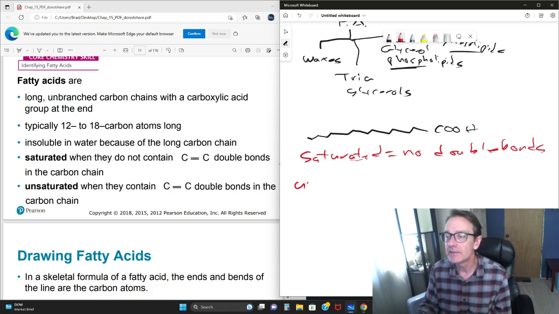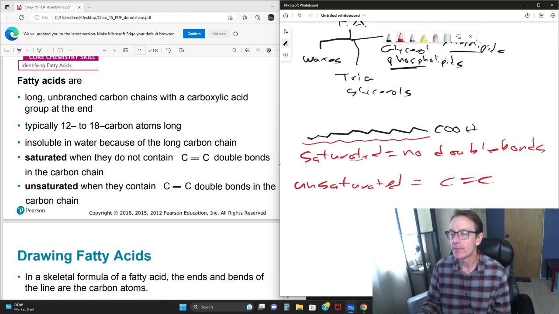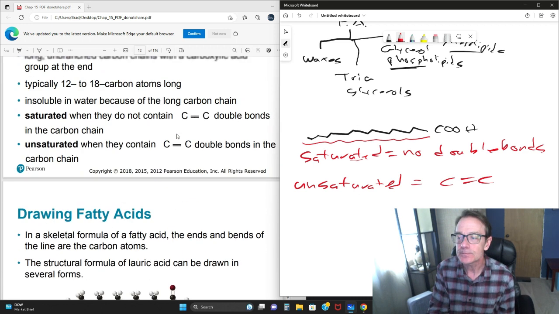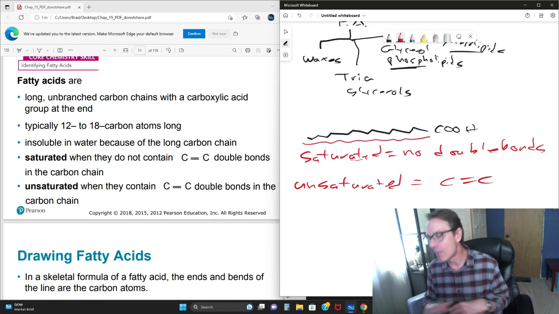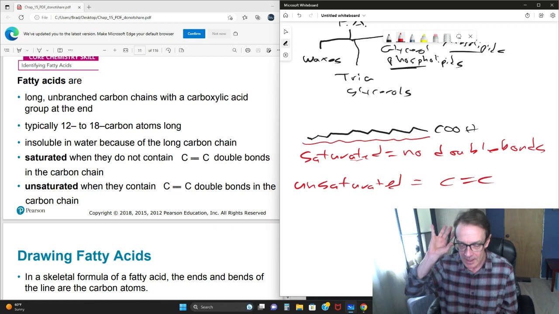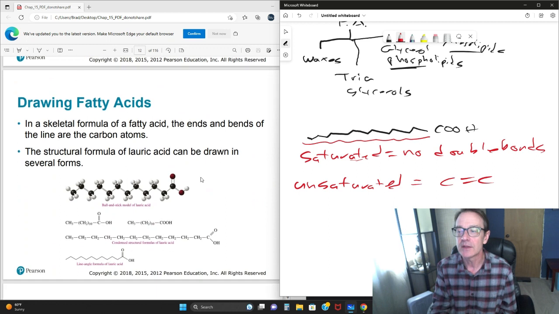And unsaturated, just like it sounds, have at least one carbon-to-carbon double bond somewhere in the tail. Okay, it can be one or more and then become unsaturated. And you have monounsaturated when there's only one double bond, and polyunsaturated when you have anything more than one double bond in the fatty acid tail. Okay, saturated, unsaturated, dependent on double bonds in the tail of that fatty acid with our carboxylic acid on one end.